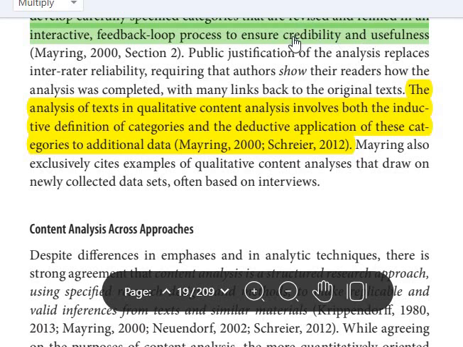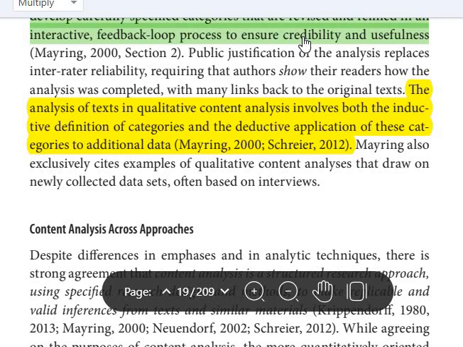Why? To focus on credibility, on the usefulness. Why should I make a new theory here? What are my purposes in this? Okay? So the third one, which is the qualitative content analysis, differs from the first and the second ones in that it provides new theories.